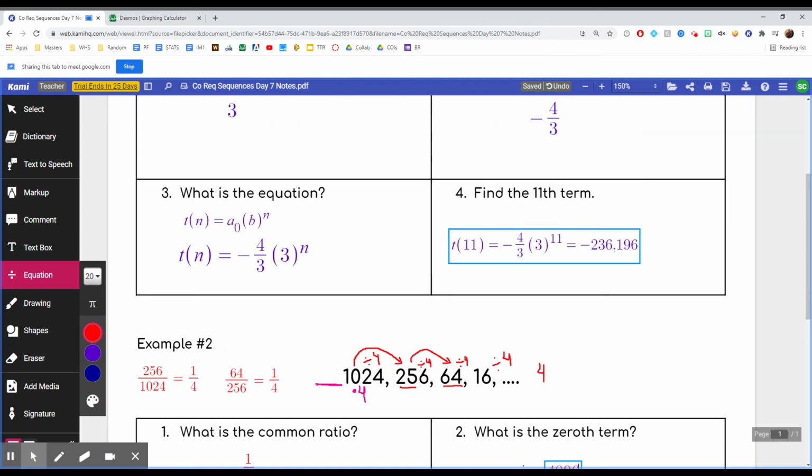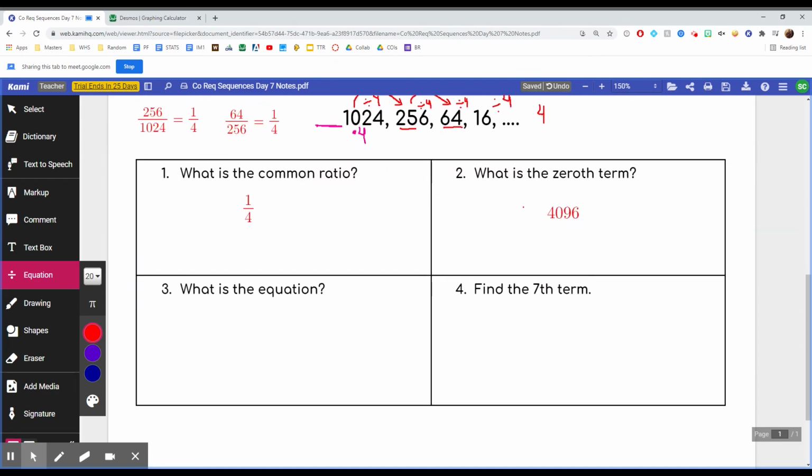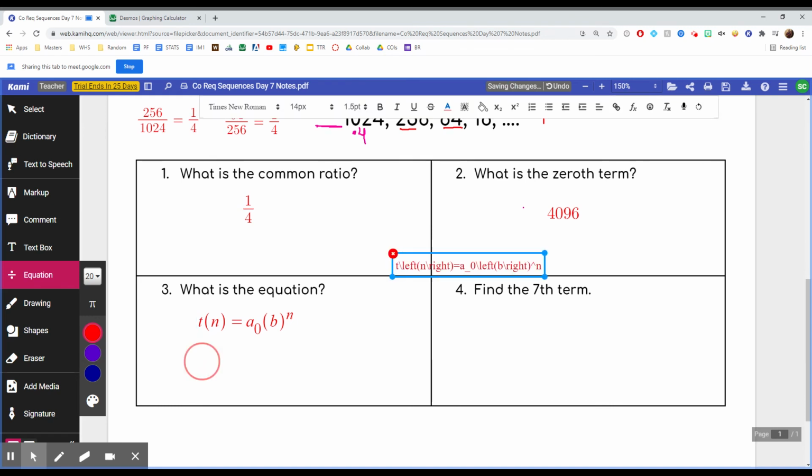Okay, let me go up here and copy my equation. That's my formula. So all I have to do is rewrite it.